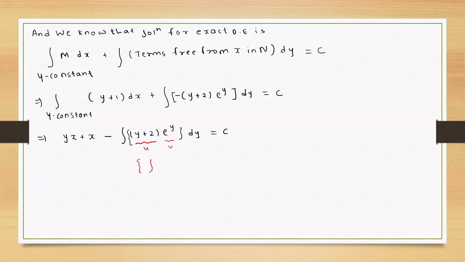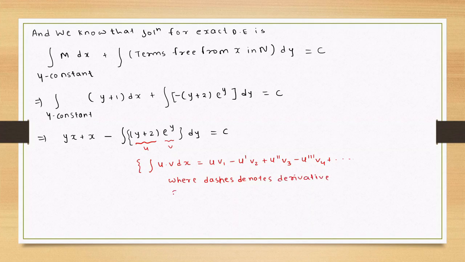Integration of u into v dx is the same as u v1 minus u' v2 plus u'' v3 minus u''' v4 and so on, where dashes denote derivatives and suffixes denote integration. Okay, this is the Leibniz rule.